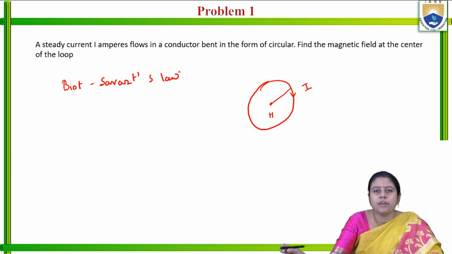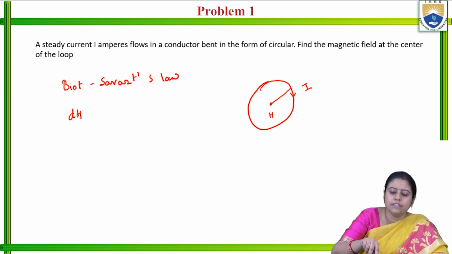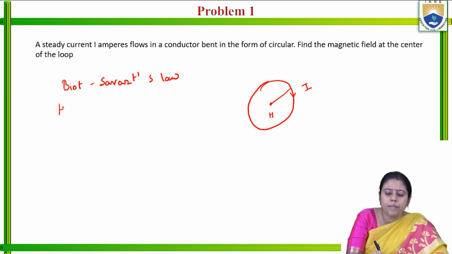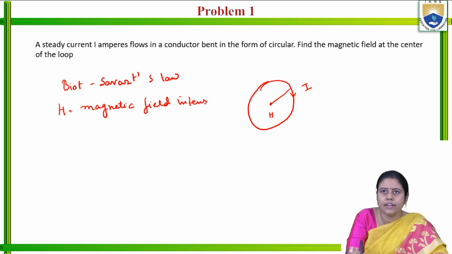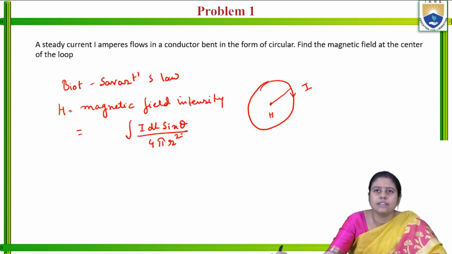And what does Biot-Savart's law say? dH, the magnetic field intensity, can be written as the integration of I dl sin theta by 4 pi r square.